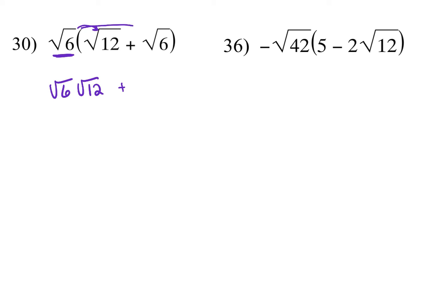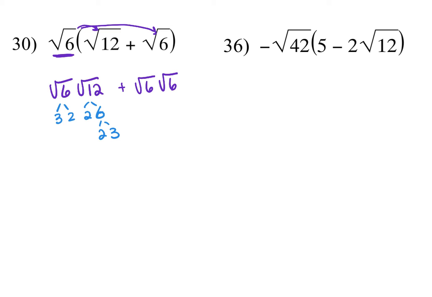Then it's going to go to the second one, square root of 6 times square root of 6. All right? So we just did this on the prior page, multiplying them. We're going to do exactly what we did on the prior page. We're going to say 3 times 2, 2 times 6, 2 times 3. All right?